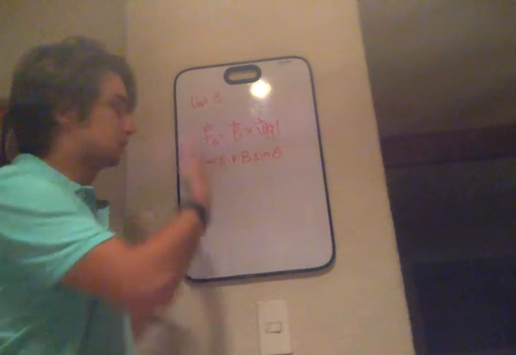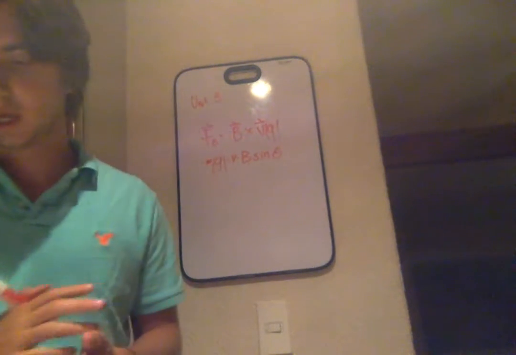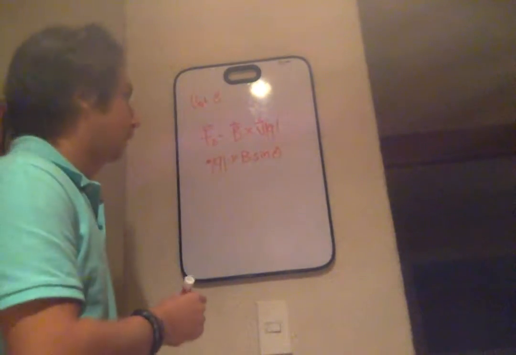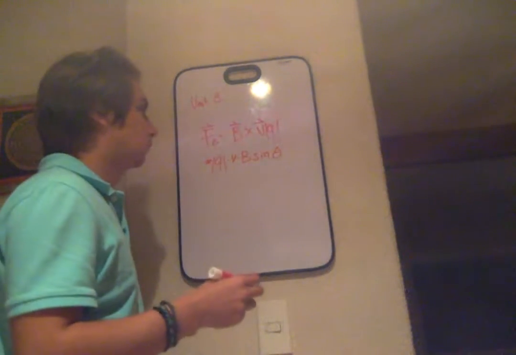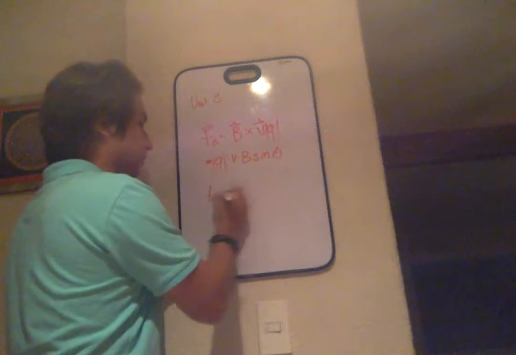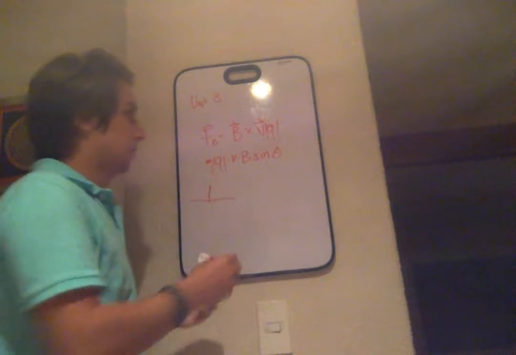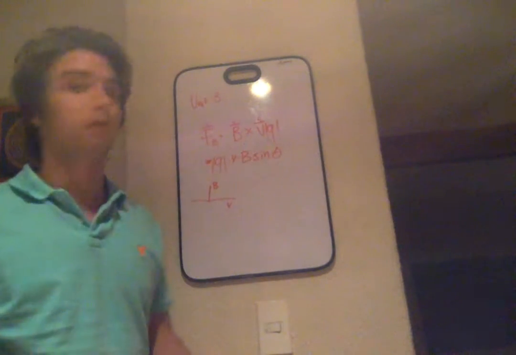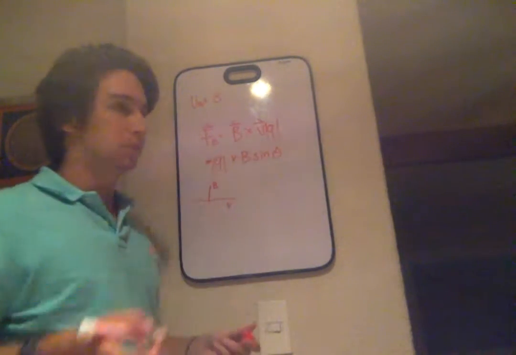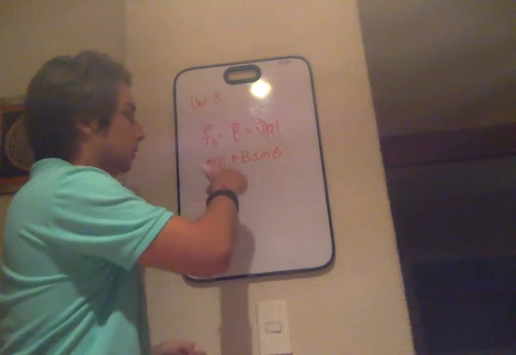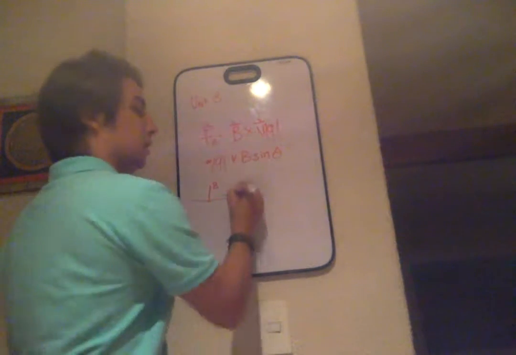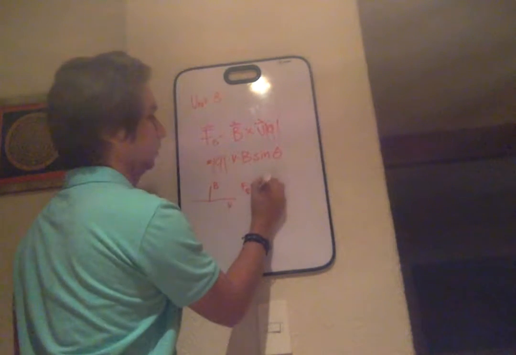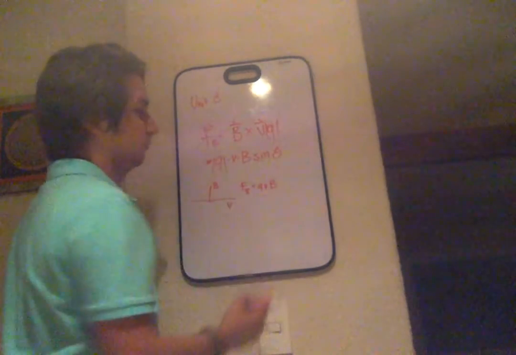So, that's the magnetic force, and as we can see, if we have an angle of 90 degrees, so if the velocity is perpendicular to the magnetic field, then we have a maximum magnetic force, and that will be charge, velocity, field.